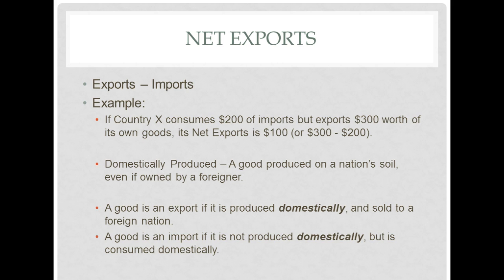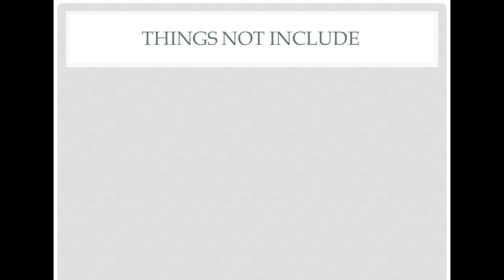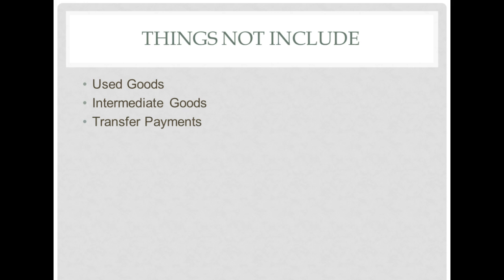Okay, now that we know all the categories of GDP, we should take a quick look at what is not included in the GDP. We already know some of them. Used goods are not included. We know intermediate or non-final goods, goods that haven't taken their final shape yet. Those are not included. We talked about transfer payments, just moving money alone, that doesn't count.